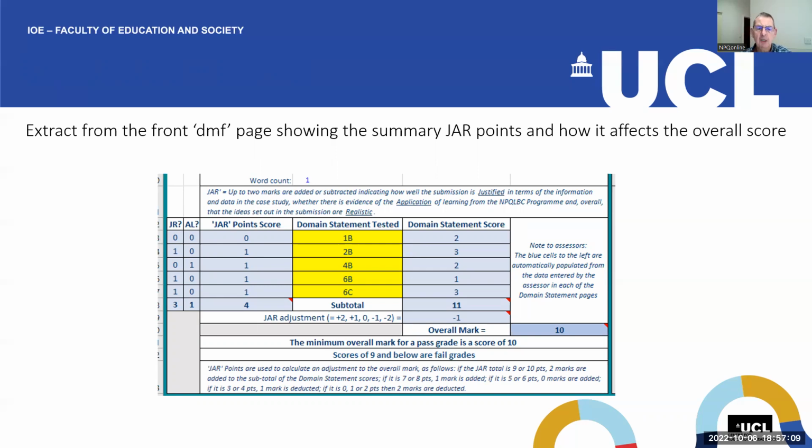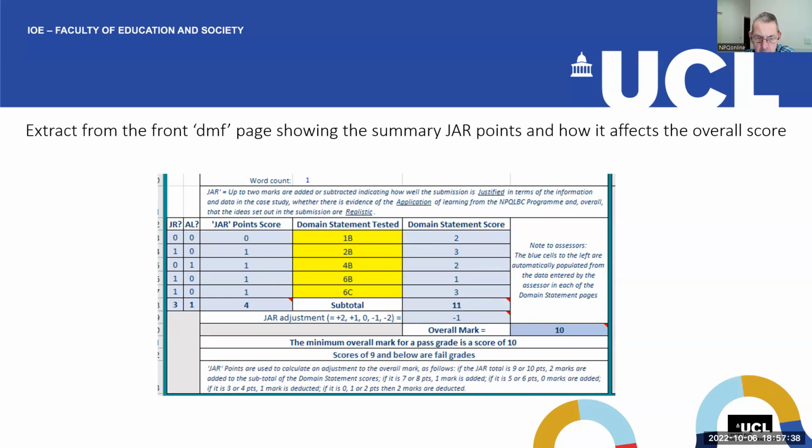And you can see in terms of the domain statement scores here, the assessor has awarded a score of 2 for Foundation Domain Statement 1B, 3 for Statement 2B, 2 for 4B, etc., with an overall score of 11. So that is what the scoring for the domain statements looks like.